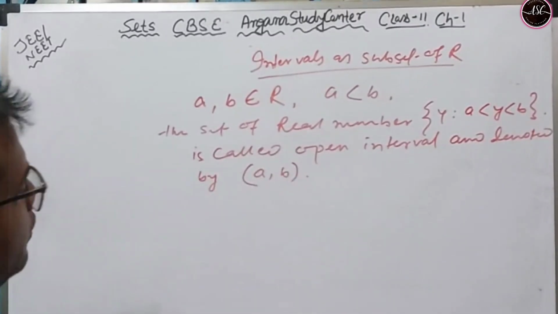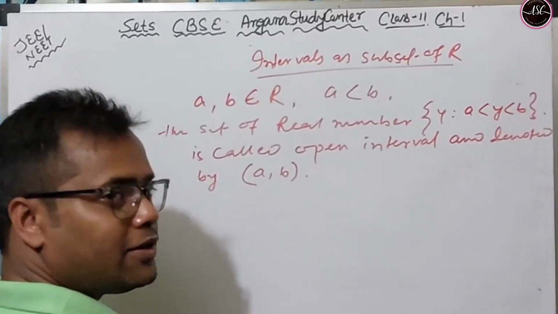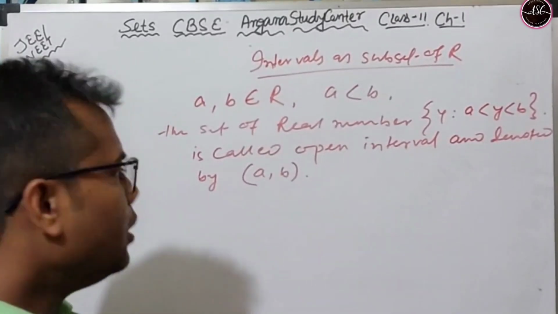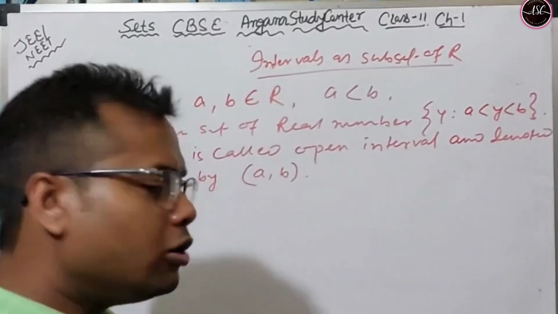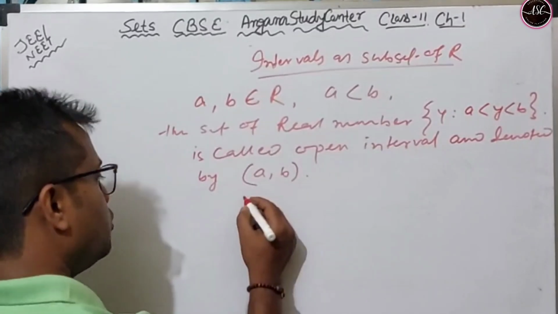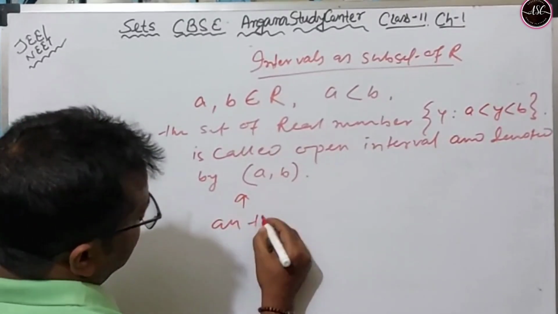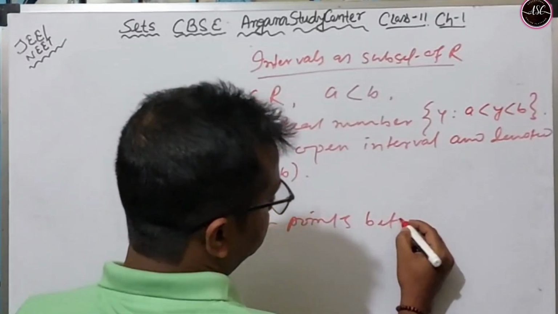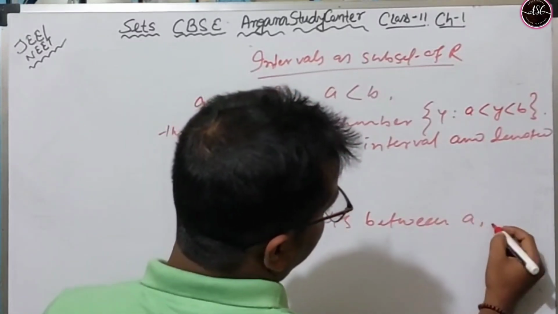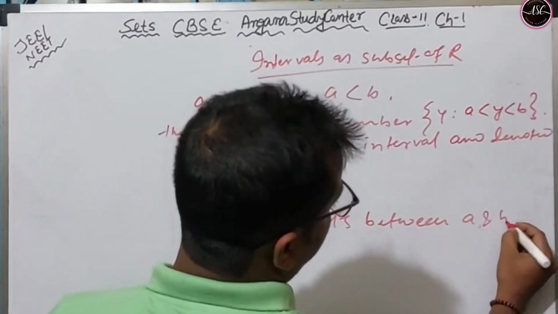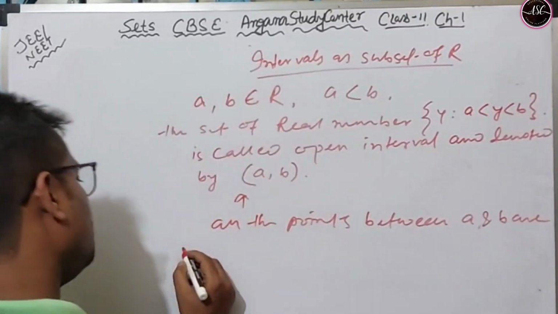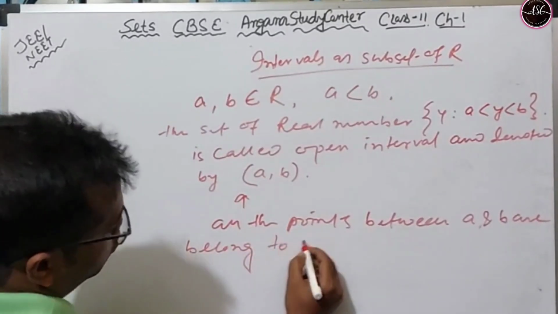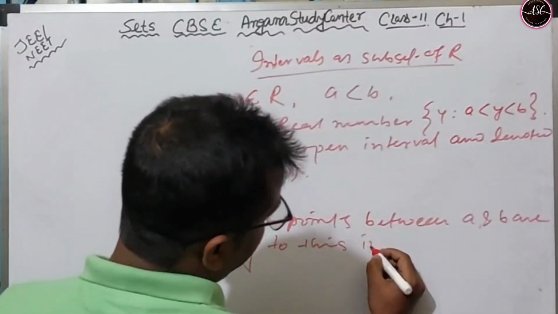Here all the points between a and b, meaning all the real numbers between a and b, belong to this interval.